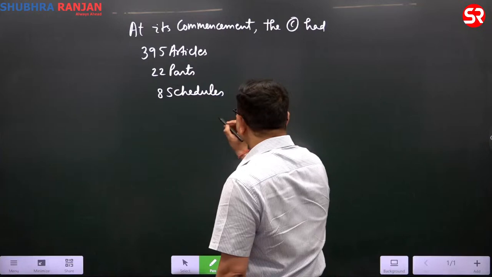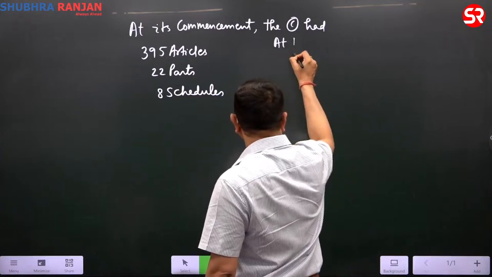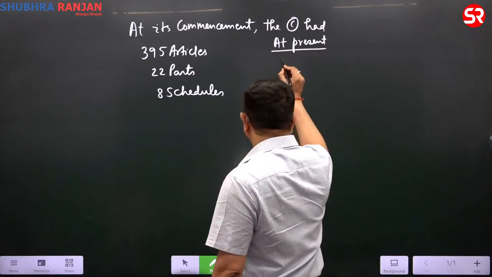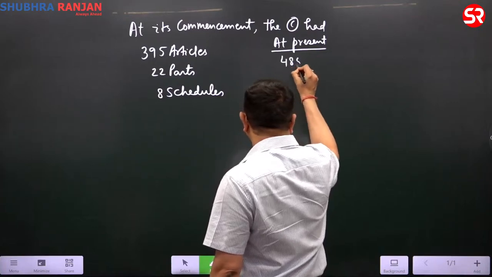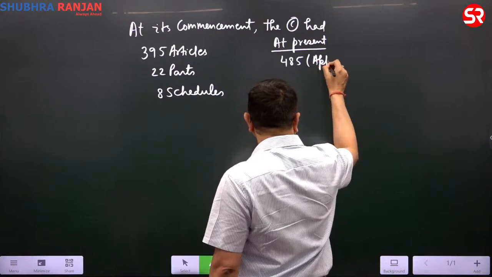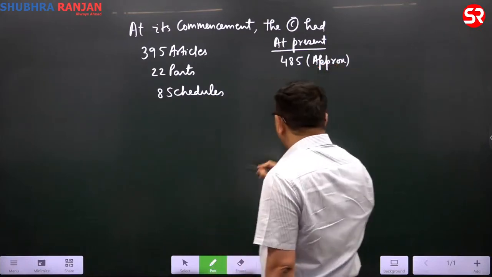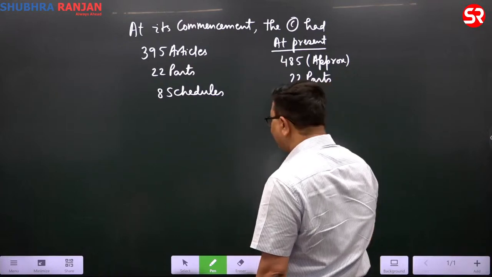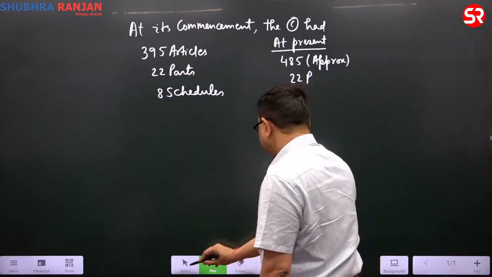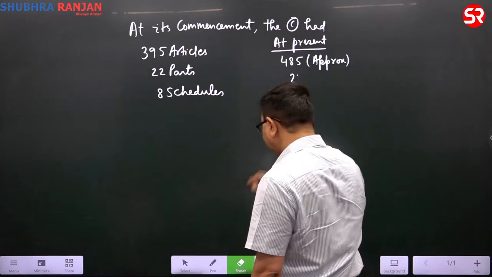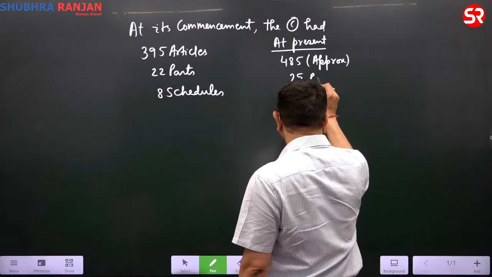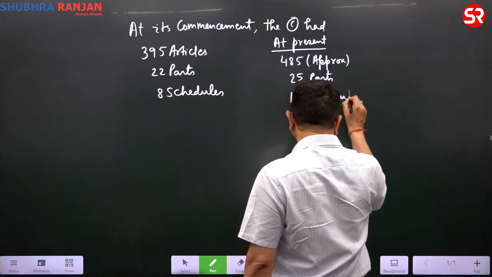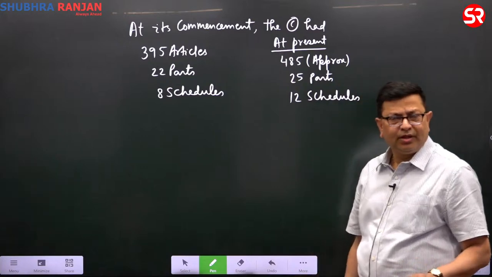And at present, it has nearly 485 articles divided into 25 parts and 12 schedules.